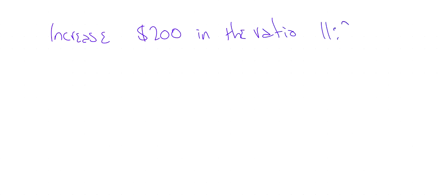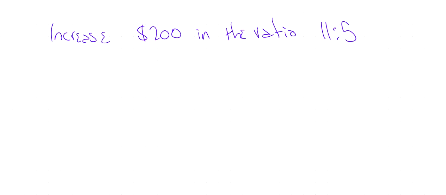Okay, so what I need to do is figure out how I'm going to increase this by using this ratio. If I'm increasing, do you think this is going to match the 11 or the 5? It's going to match the 5 because I have to go up. So 11 is the higher number.